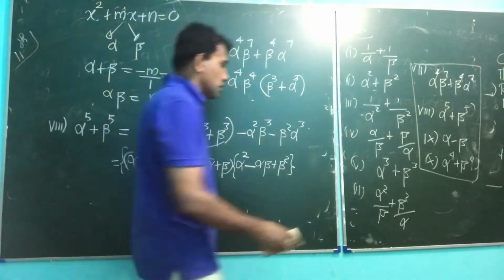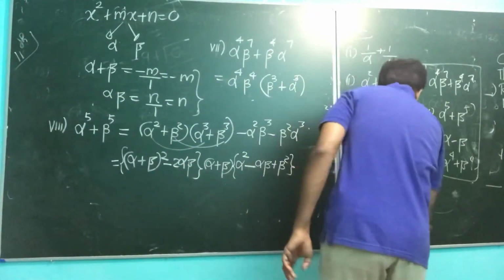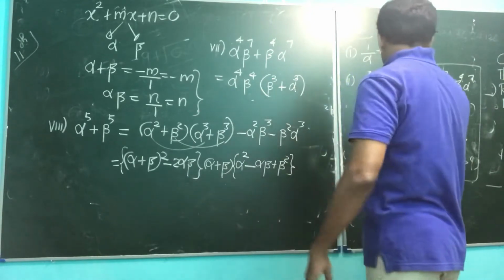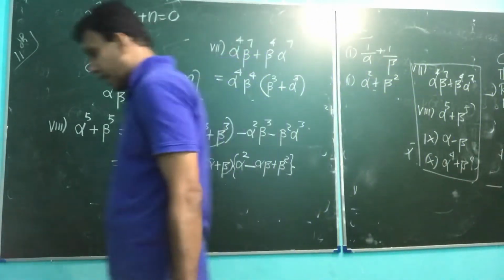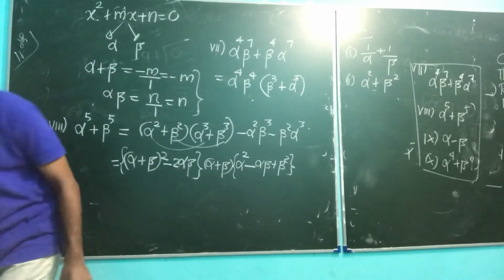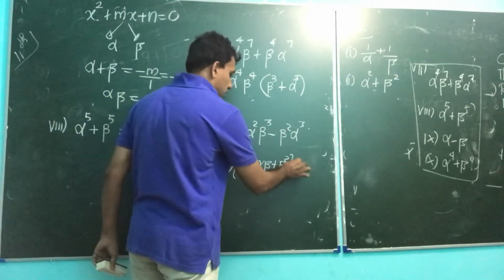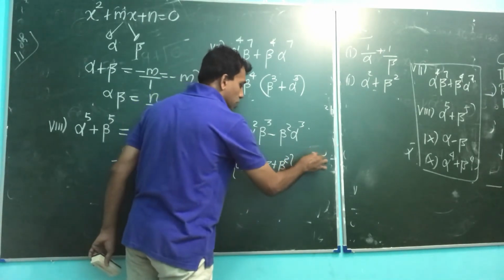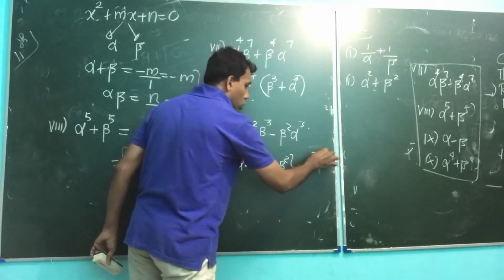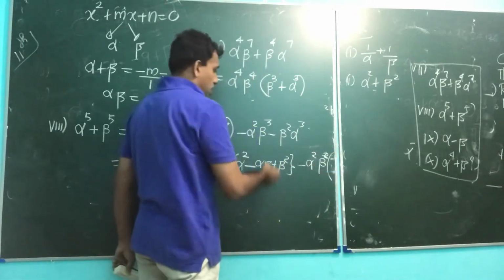Come to the last term. That's the new term in this question. Here, take something common. Take out the common factors there. Minus, can I take the minus symbol out? Take the alpha square out and beta square out. And what is the remaining part?